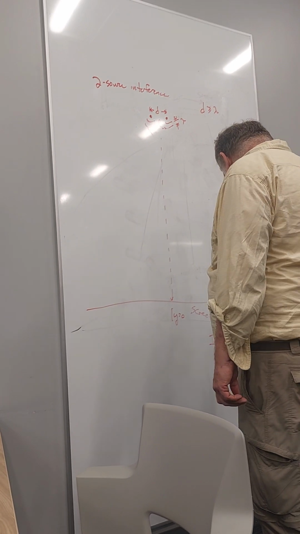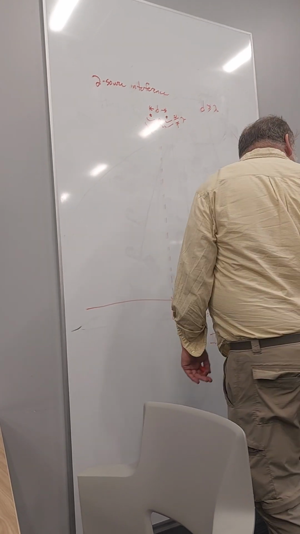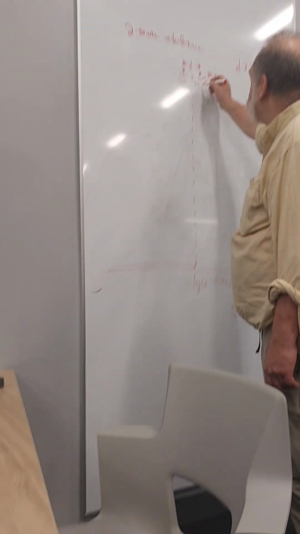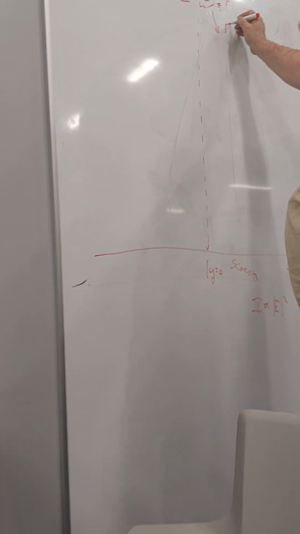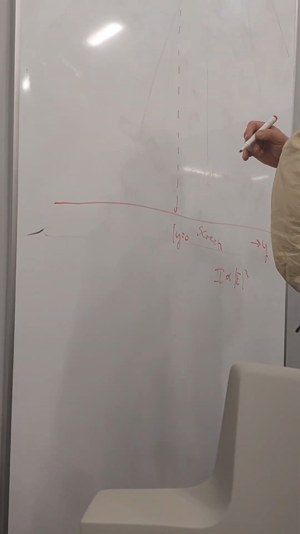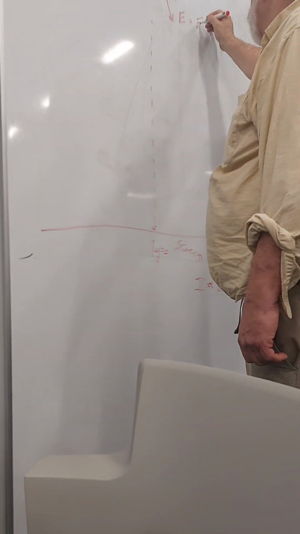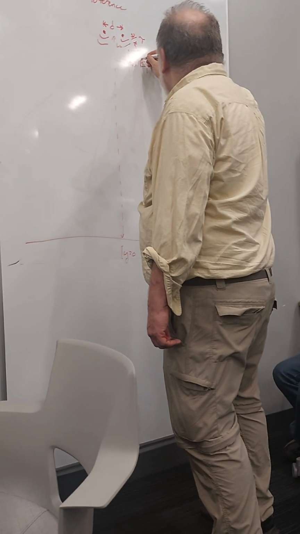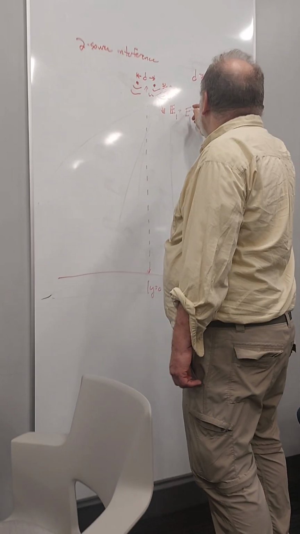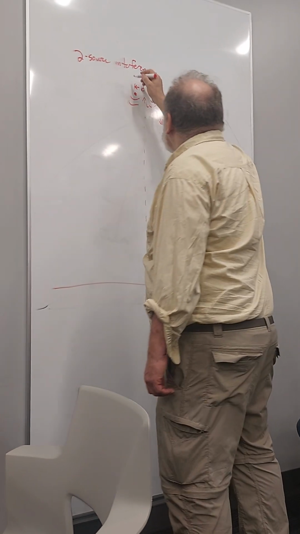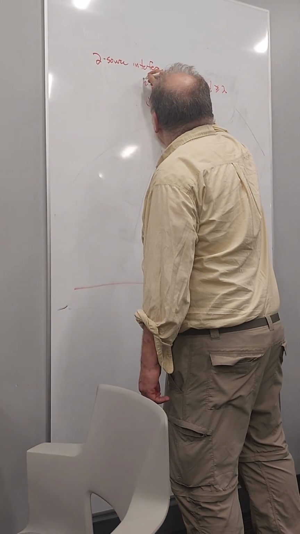Let's calculate, first of all, what happens to the electric field, and then we'll square it to get the brightness. So the electric field is radiating from here. This is the electric field from, call this slit 1, source 1, and call this source 2.